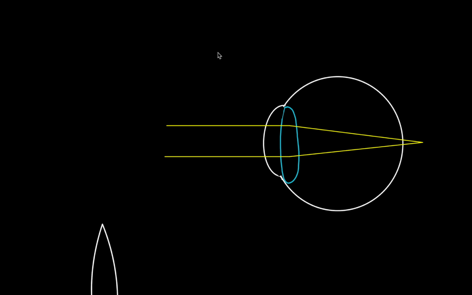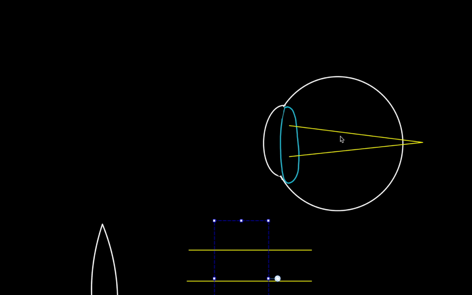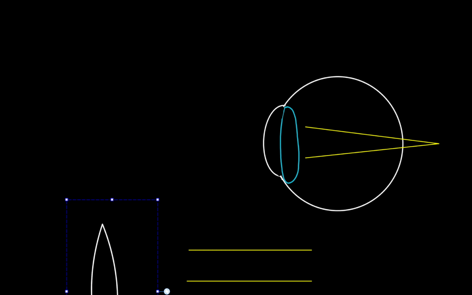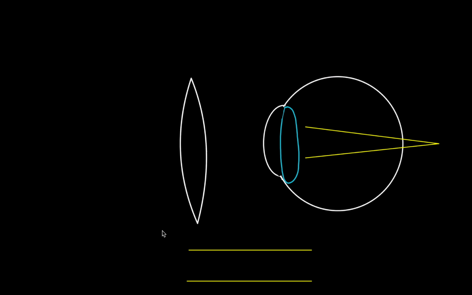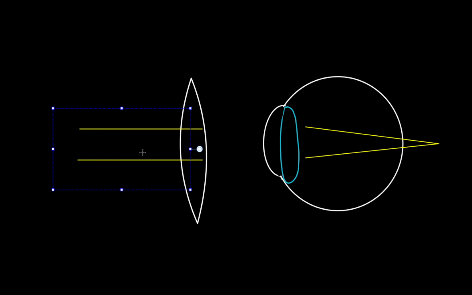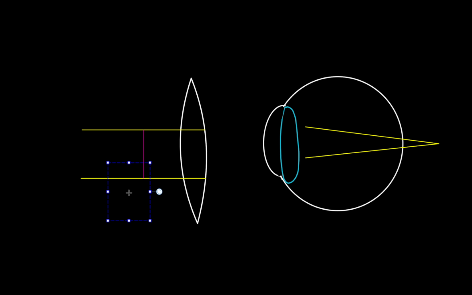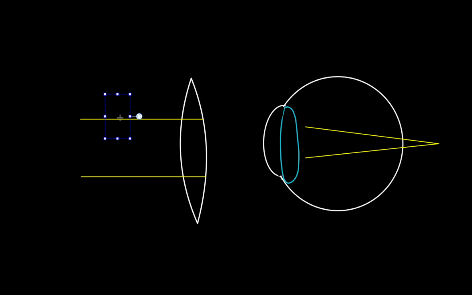So how do we correct this? Well, this is when we need a converging lens. We'd bring it out over here. We'll still have those light rays going through our converging lens, but then we're going to be bending them. Let me actually create a little bit of separation over here to make it a little bit more pronounced. We know our converging lens is going to be bending light inwards, so we're going to be bending over here.